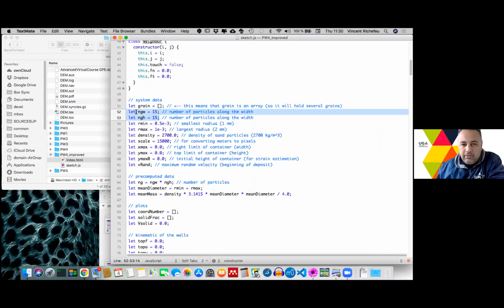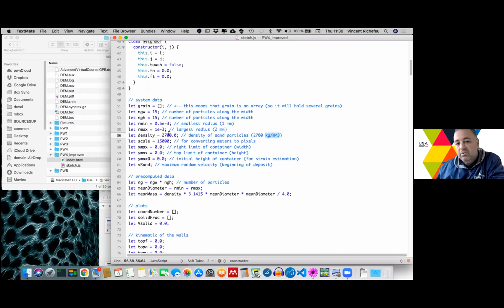So at the beginning, I've got this number of particles vertically and that one horizontally. These are the radii of the particles, minimum and maximum, and it is homogeneous in between the two. The density in kilograms per volume is that one.